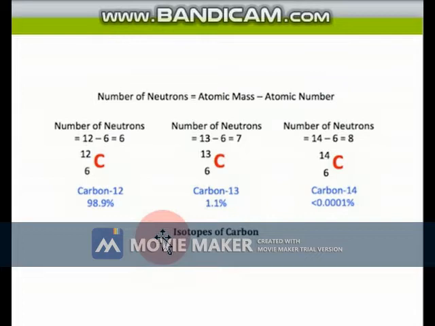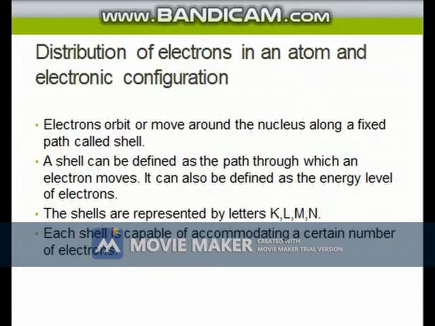So here its neutron number is 6, this one is 7, and this one is 8. That is the isotope of carbon. So pause here, and then we shall proceed to look at the next slide.